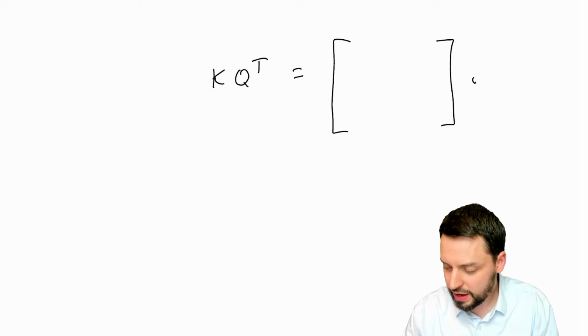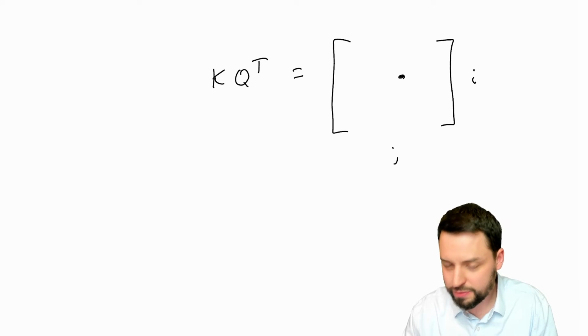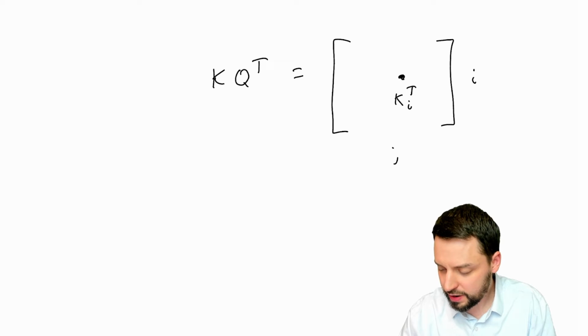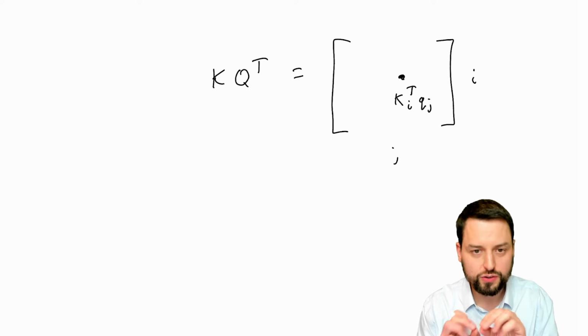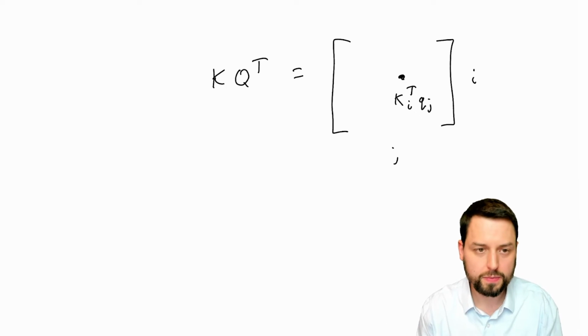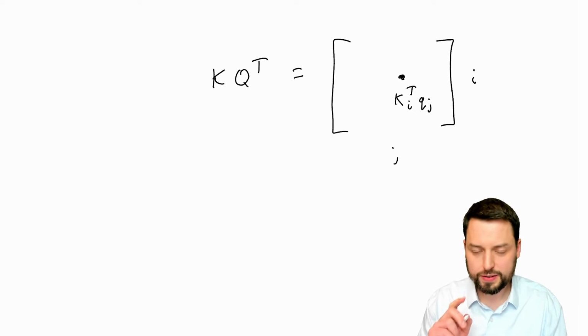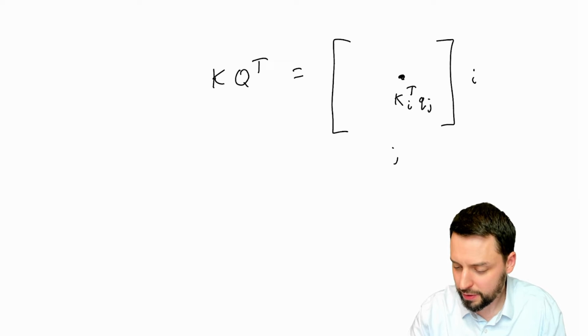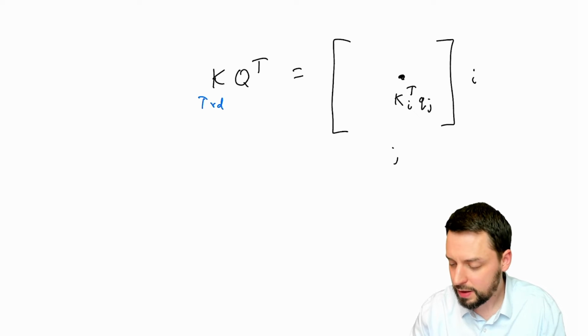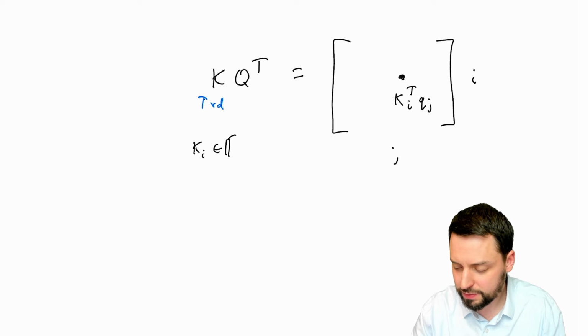And as I mentioned before, the i, j entries of this matrix are equal to Ki transpose times Qj, where Ki is the ith row of K and Qj is the jth row of Q. If K, remember, is T by d, that means Ki, the ith row of K, is d-dimensional.